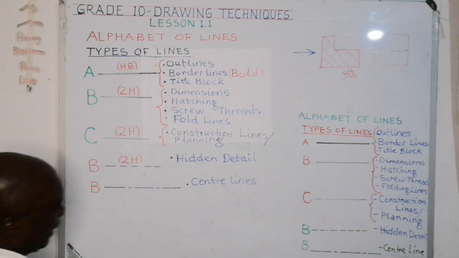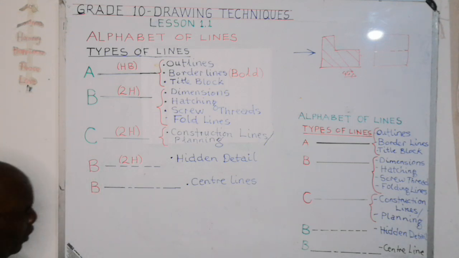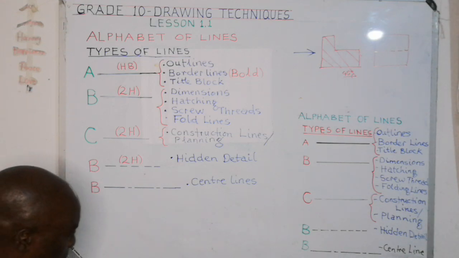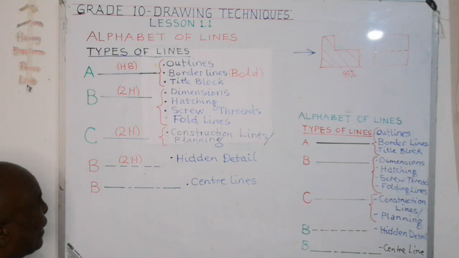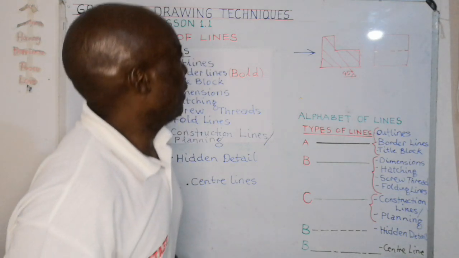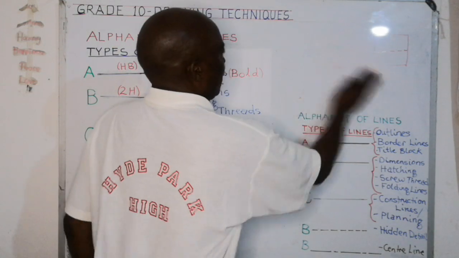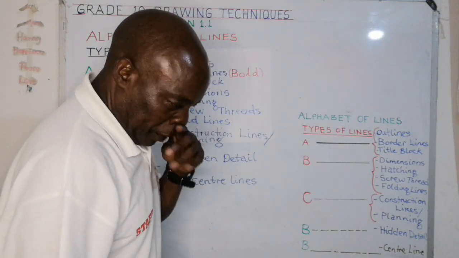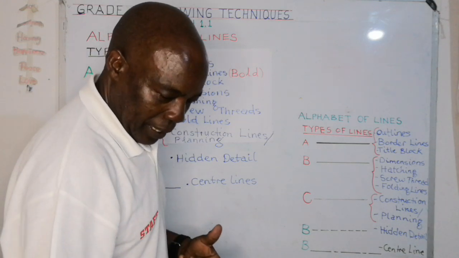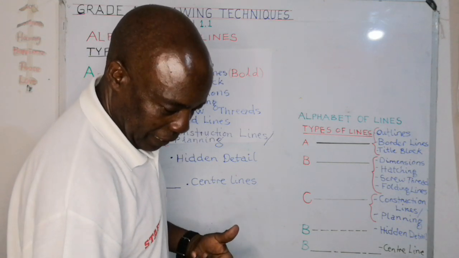What do you understand by center line? So in EGD, when you are drawing something circular or something cylindrical, that's when you use center lines. I'll illustrate it there. So I'm going to erase this. Right, so for a circle, allow me to just draw it freehand here.